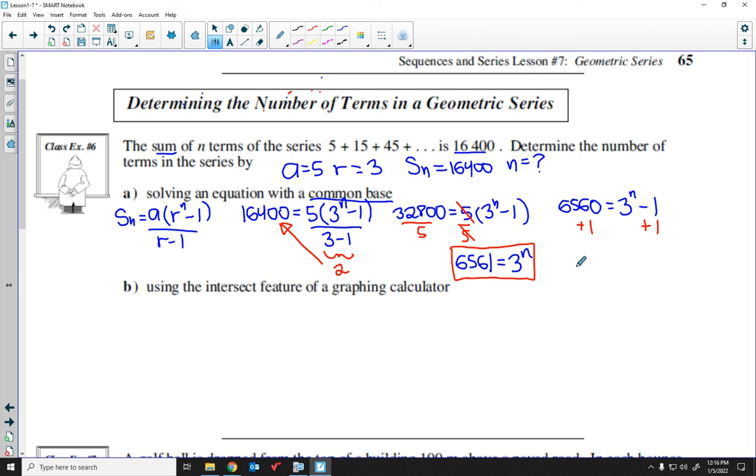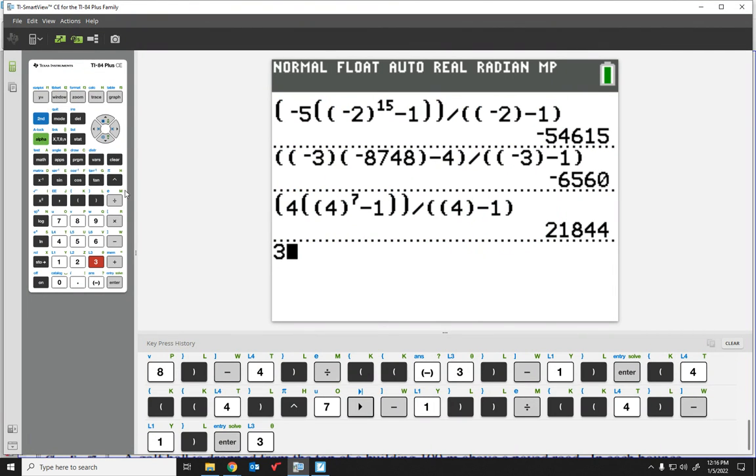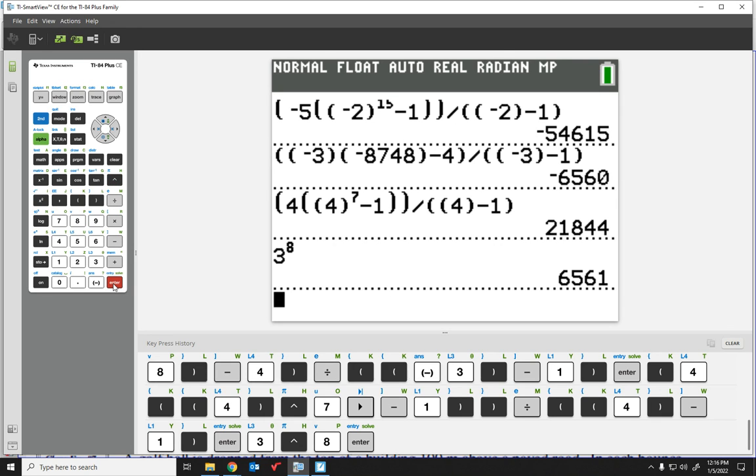So the question is 3 to the power of what would be equal to 3 to the power of n, and 3 to the power of what is 6561. We can go through in a trial and error fashion to get it. That's a pretty big number, so maybe I'll start off with 3 to the power of 8 and see what happens. Okay, that was a fluke.